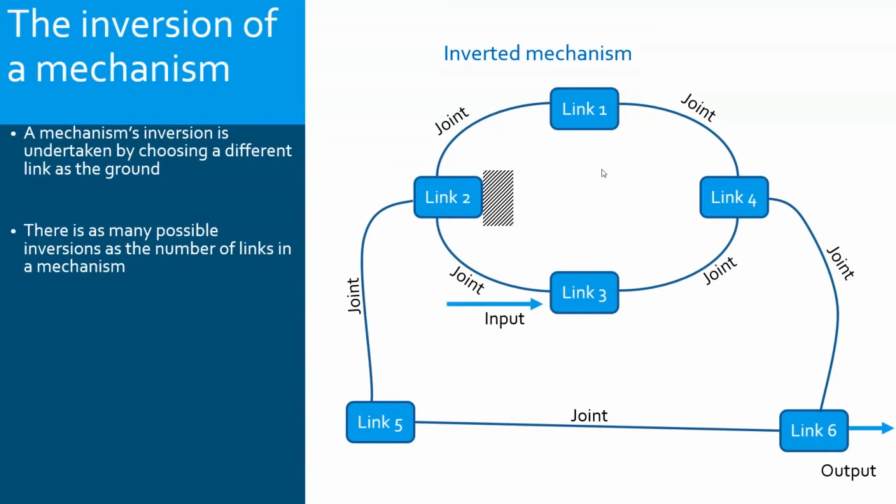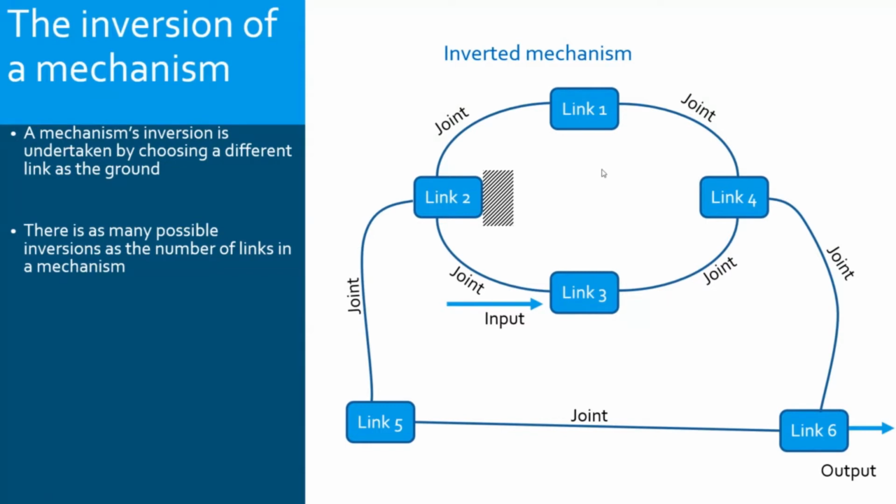If you choose links 1 and 2 as the ground, it means they become one rigid body together, so they build a new single link. So you will have a mechanism with only 5 links. So it is a different mechanism. It's not an inversion. The inversion is always: you start from the same mechanism and you choose one and only one link as the ground.